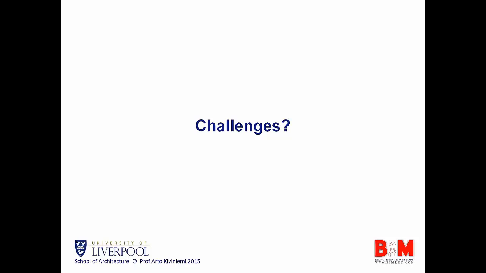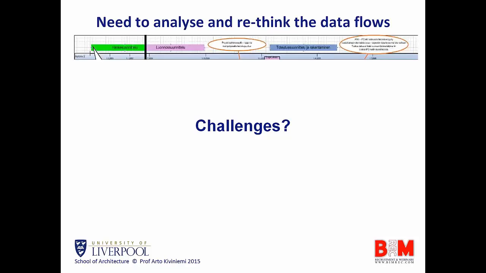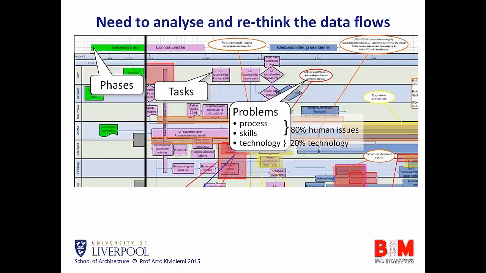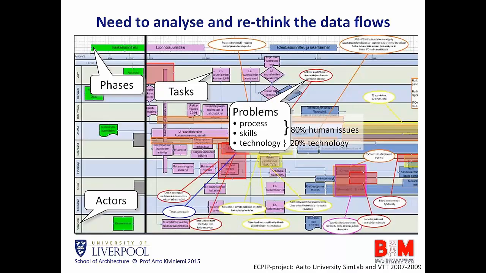There are quite a lot of challenges in this area. One is that really when we think about the traditional processes, we are very often producing the information too late. This is from a project when I was working still at VTT, Technical Research Center of Finland. We analyzed some of the BIM processes. And this is about the problems. There were of course also some benefits there.